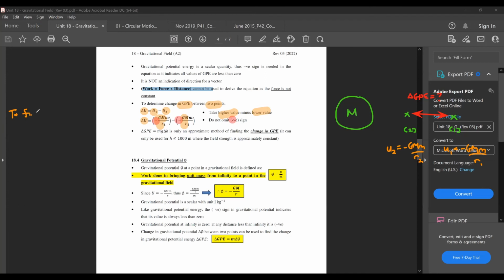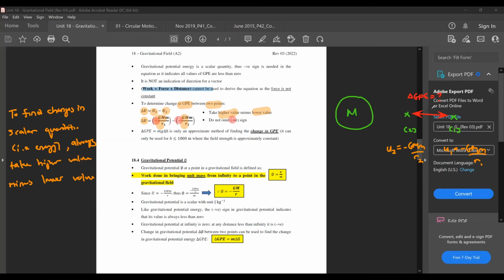To find changes in scalar quantities, such as energy, always take the higher value minus the lower value.